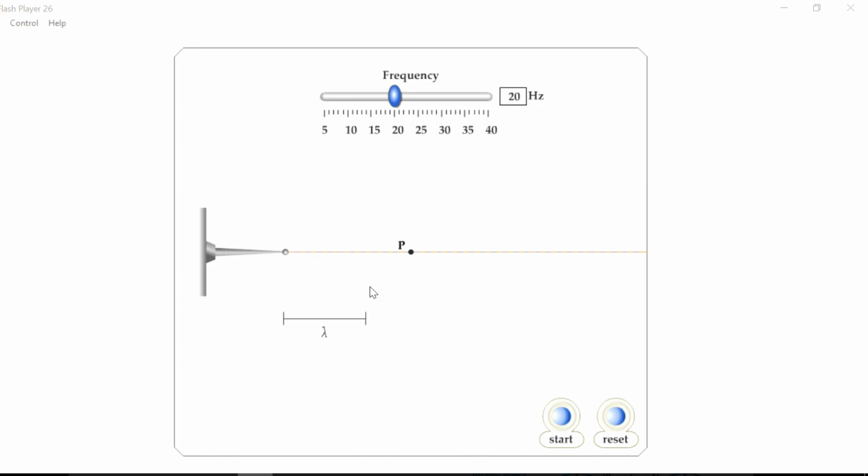Now let's look at another simulation to define more of the properties of a wave. You can see in this case, I have a string, and this is a point P on the string, and lambda here represents the wavelength. All waves need some oscillation or something to vibrate to create the wave.